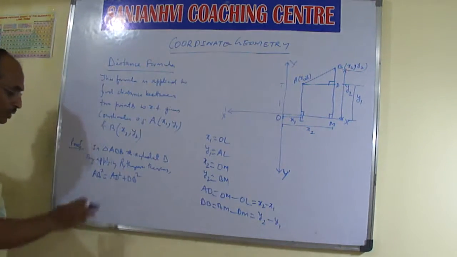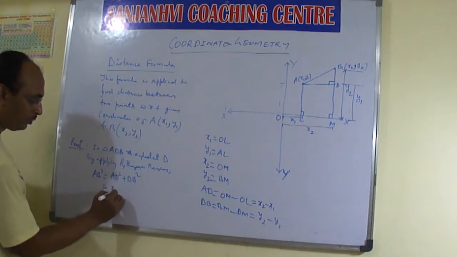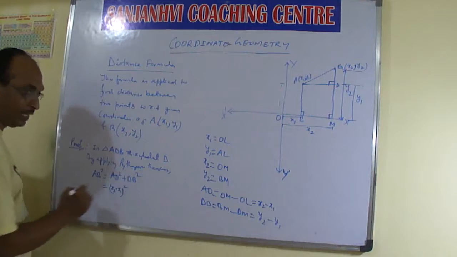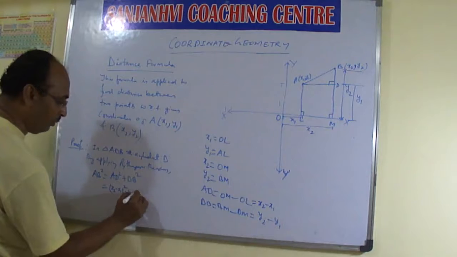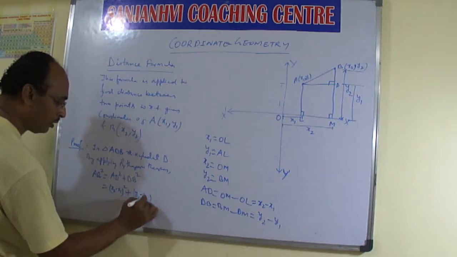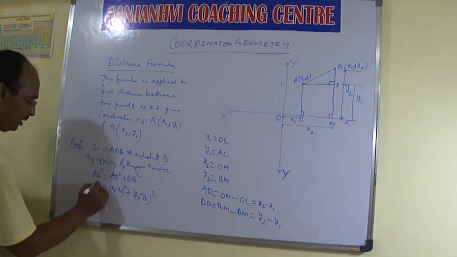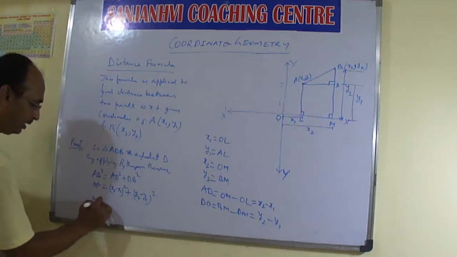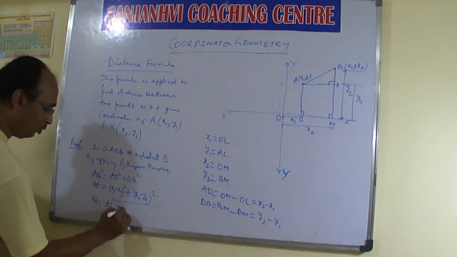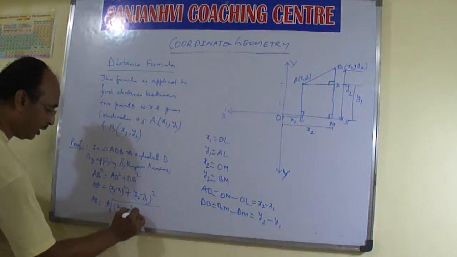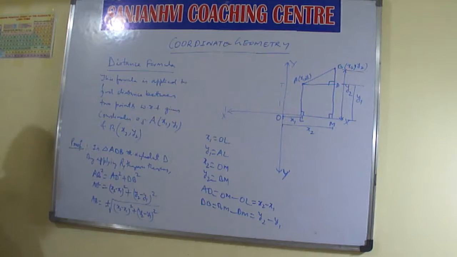So from here we can write that AD is equal to x2 minus x1, so (x2 minus x1) whole square, plus DB, which we write as (y2 minus y1) whole square. Then AB is equal to plus or minus the square root of (x2 minus x1) whole square plus (y2 minus y1) whole square.